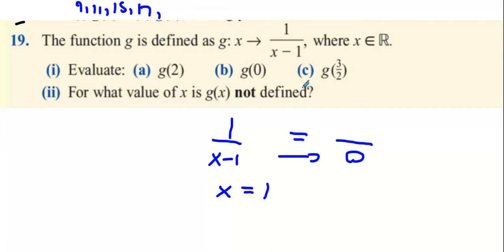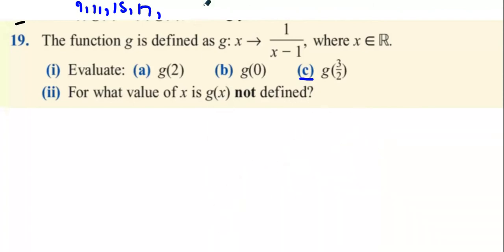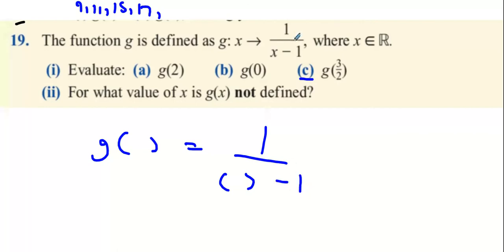Now the next part is easy. I'll just do part C because you guys don't need too much help with this one. What's g(x), guys? g of blank equals 1 divided by blank take away 1. What do I put in the blank's position? Can you use your calculator?